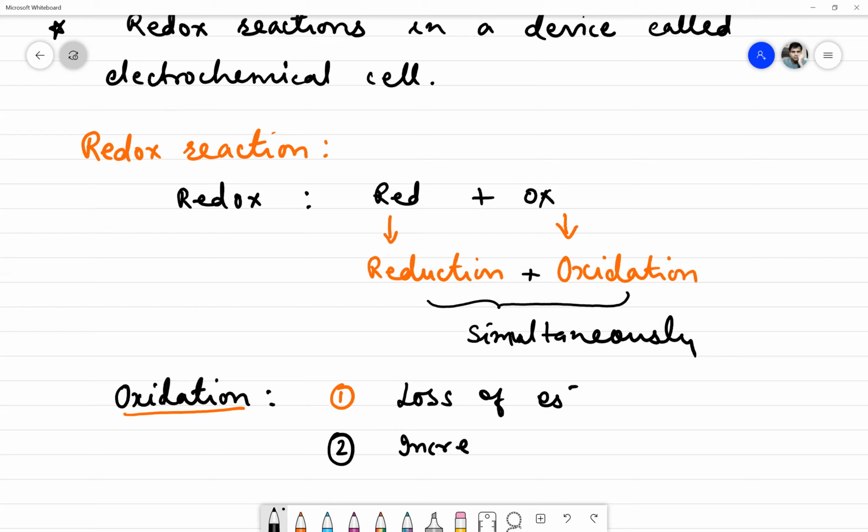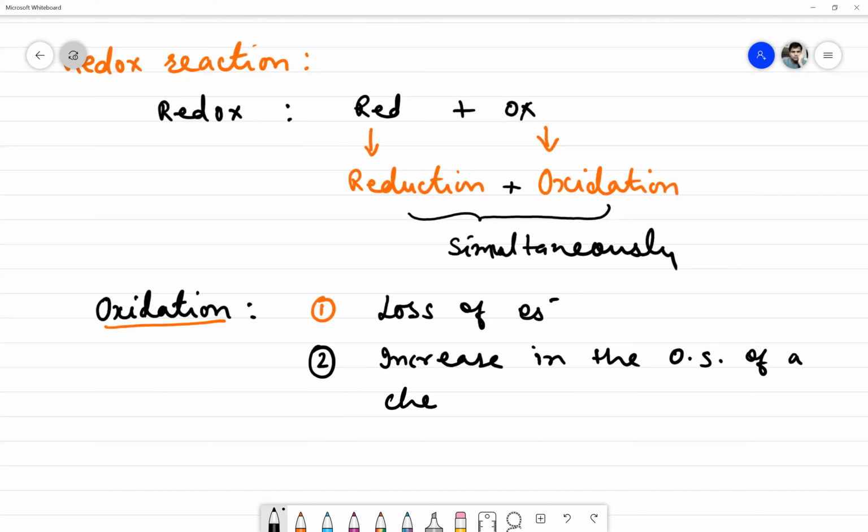Increase in the oxidation state of a chemical species is called oxidation.